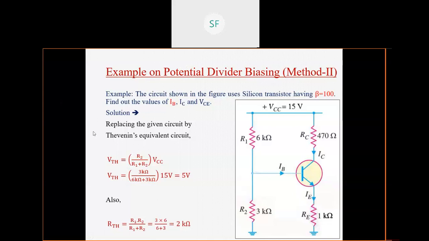When in your example the value of beta is given, then you need to use Thevenin's theorem. Or if in the question they have asked the value of base current, then also you need to go with method 2.